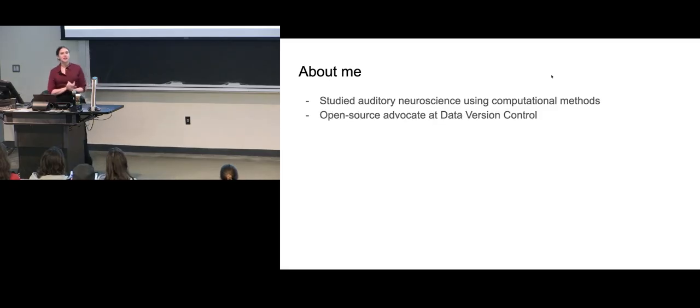After I graduated, I worked as an open source advocate at a startup that made data version control. I don't know if anybody's ever used that tool, but it's basically Git version control adapted to data. I would teach people on the internet about using version control and try to make version control fun, which is a very challenging task.